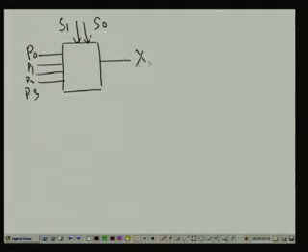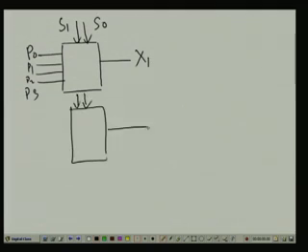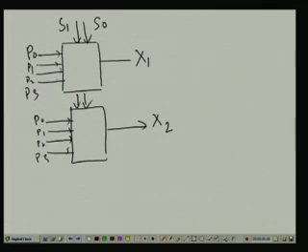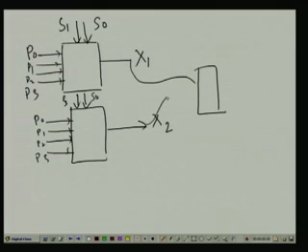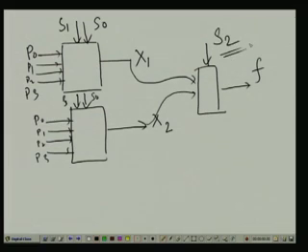This is my X1. Similarly, I need another 4 to 1, same P0, P1, P2, P3. These are all inputs, S1, S0. Now, as if another 2 to 1, and this is F, and this is a separate select line.